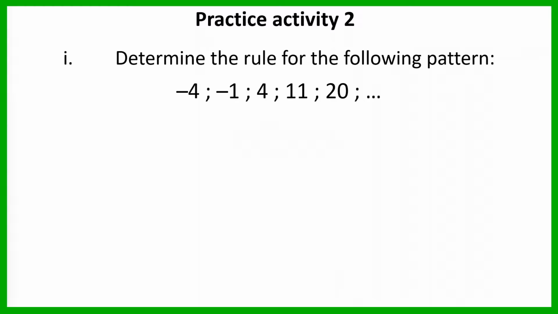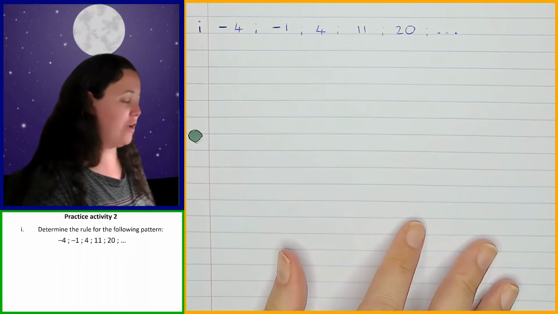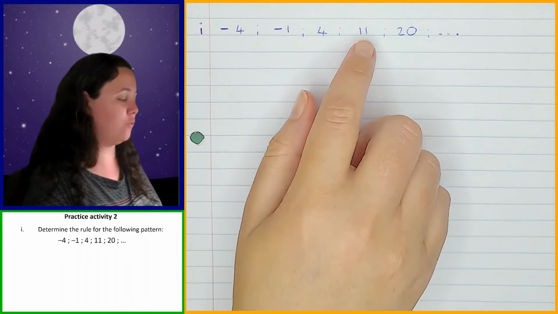Okay, so let's go through that and see what you should have got. So over here I've got my pattern, -4, -1, 4, 11, 20.